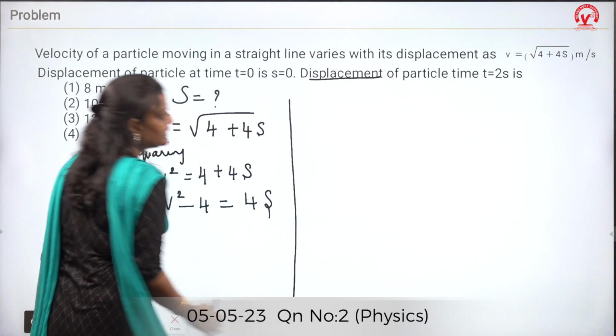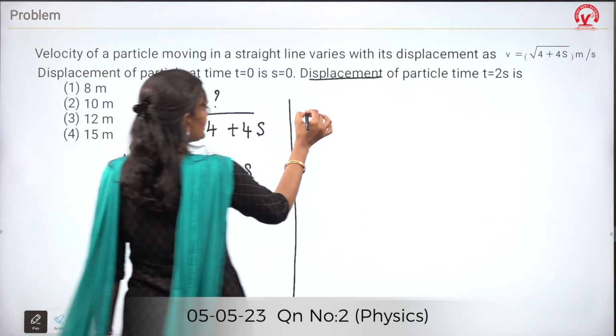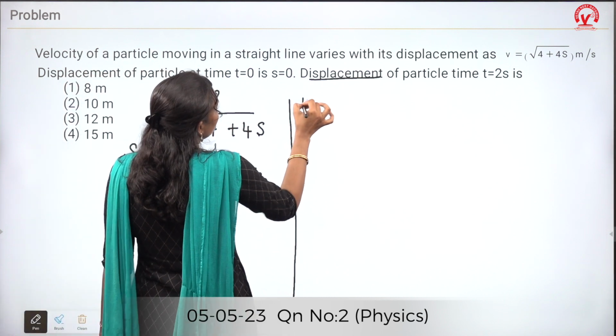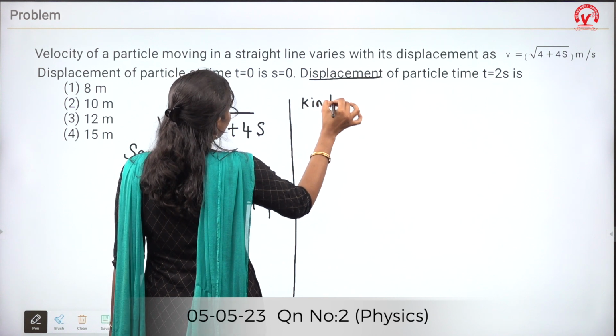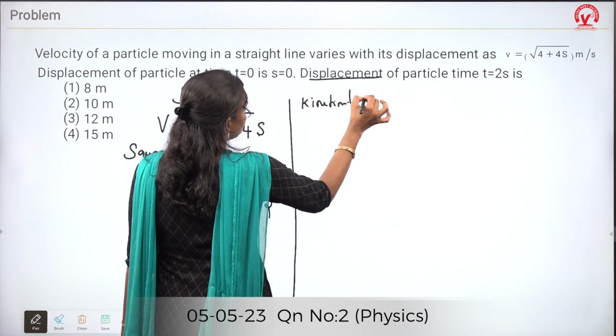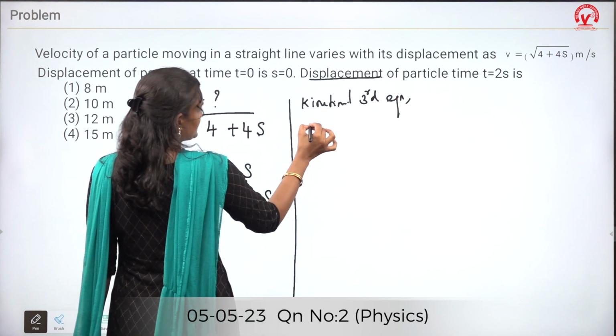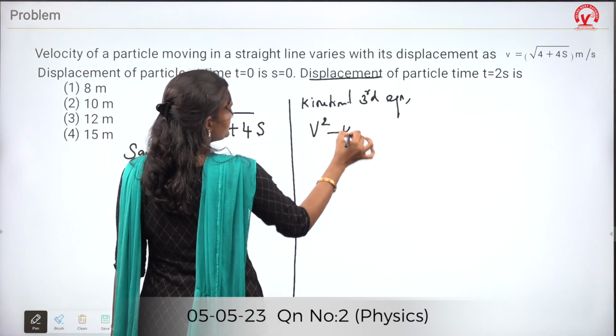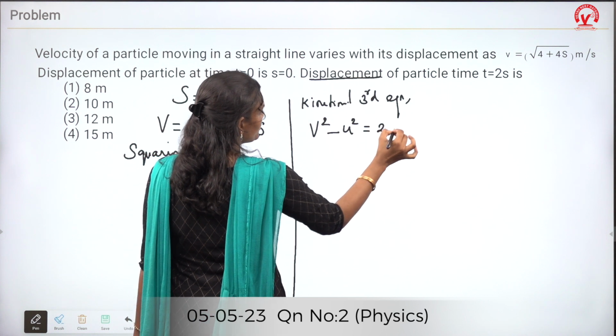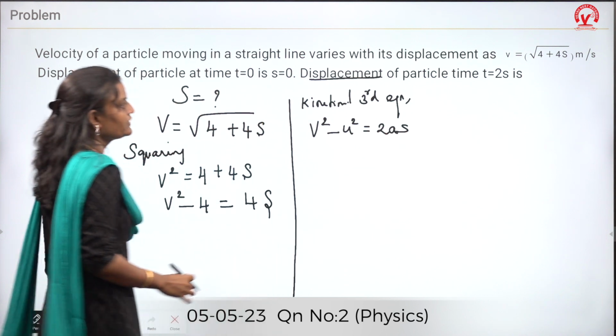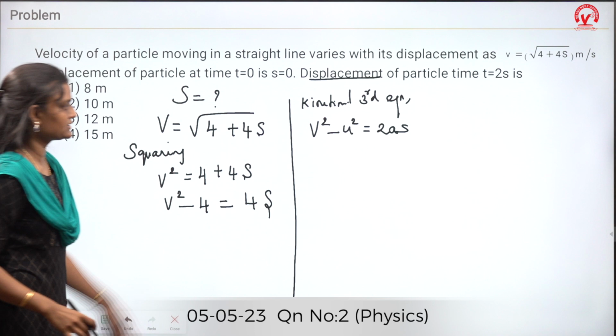According to the kinematic third equation, what is the equation? The equation is V square minus U square is equal to 2AS. This is the third equation of kinematics.